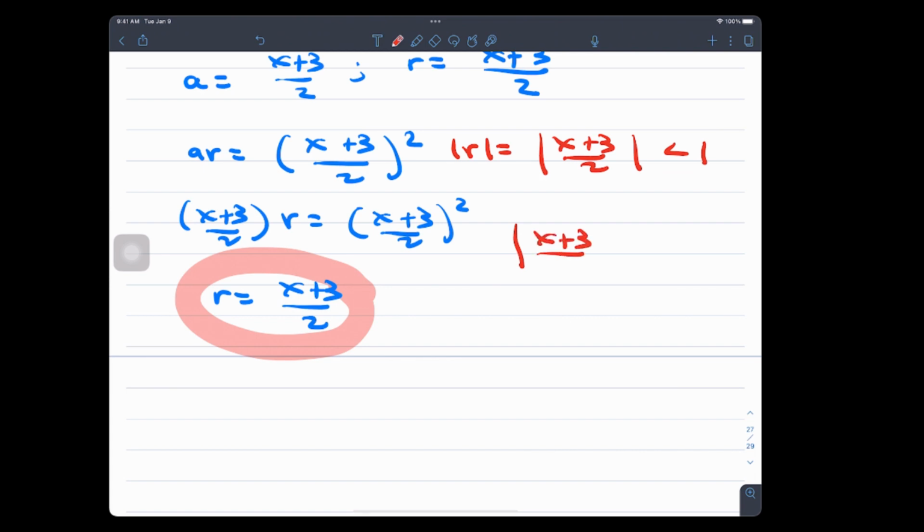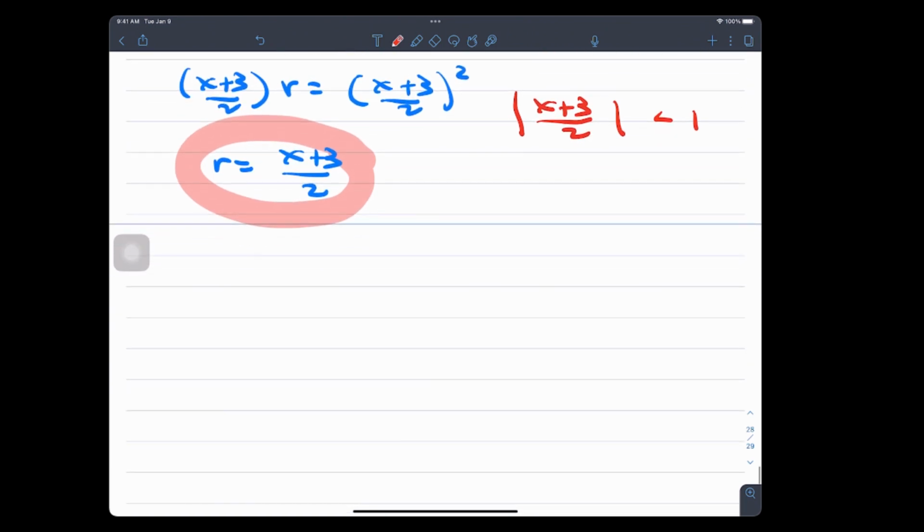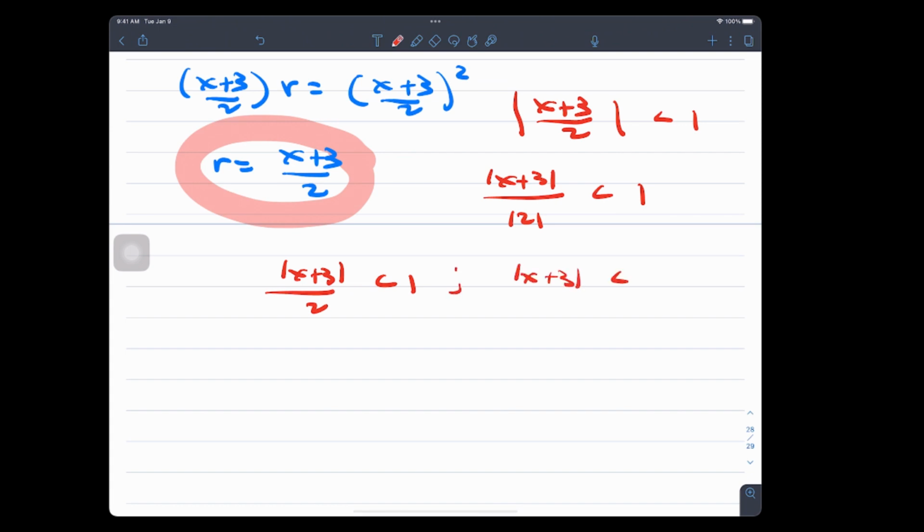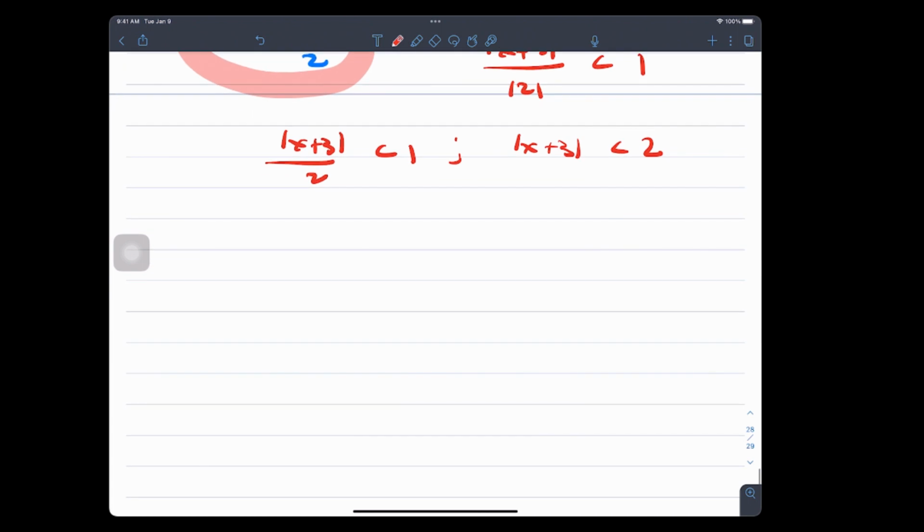So if you guys remember from pre-calculus, what does this mean, right? You can take properties of absolute value. You know the absolute value of 2 is 2. You can multiply both sides by that positive number 2. Ladies and gentlemen, this is an absolute value inequality. What does this mean? Negative 2 less than x plus 3 less than positive 2.